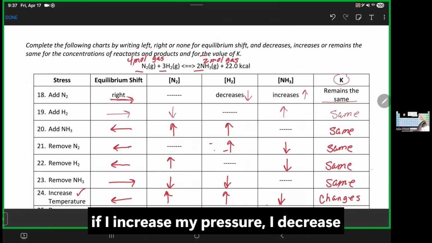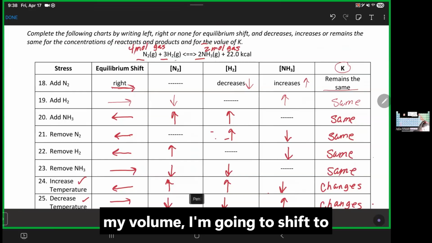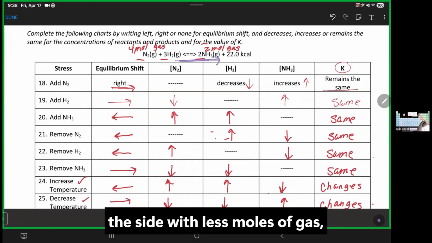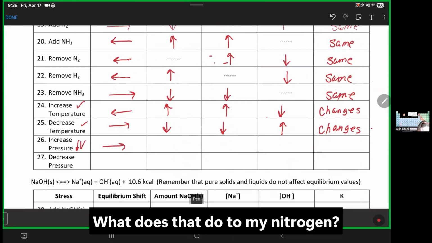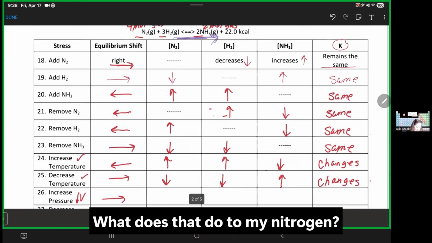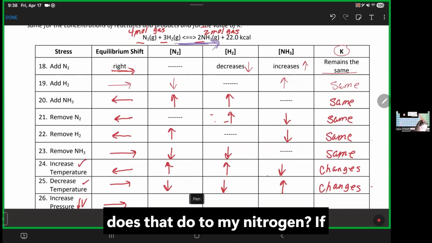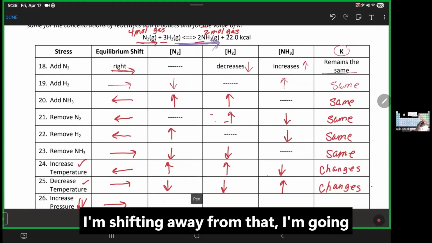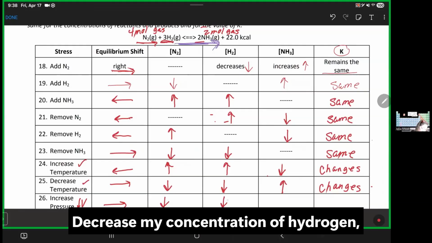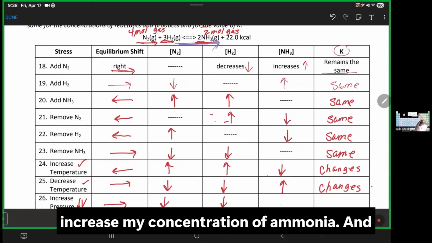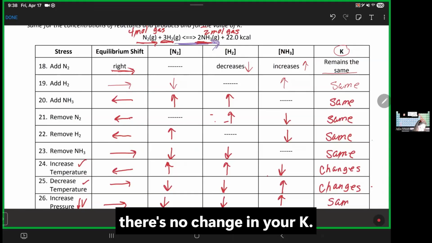So if I increase my pressure, I decrease my volume, I'm going to shift to the side with less moles of gas, over towards the products. What does that do to my nitrogen? If I'm shifting away from that, I'm going to decrease my concentration of nitrogen, decrease my concentration of hydrogen, increase my concentration of ammonia, and because temperature was not involved, there's no change in your K.